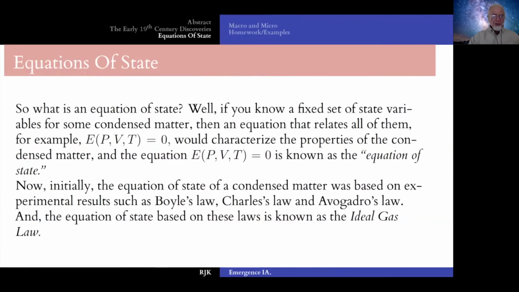So an equation of state is a function of the pressure, volume, and temperature, which equals 0. And this characterizes all of the qualities of the condensed matter that we're dealing with. And the equation is known as the equation of state.